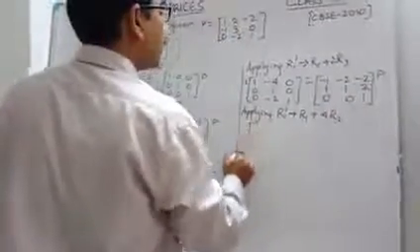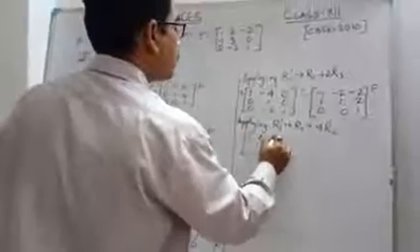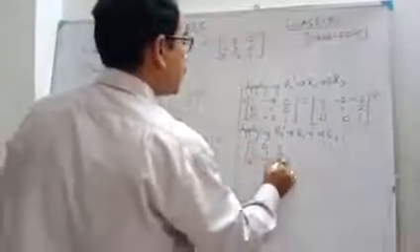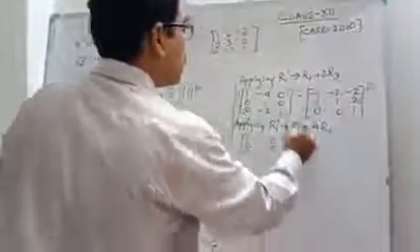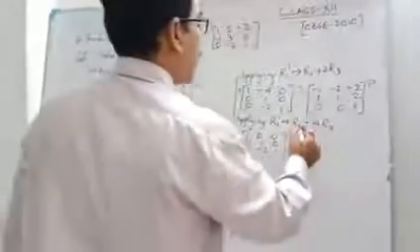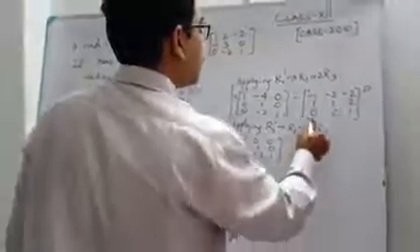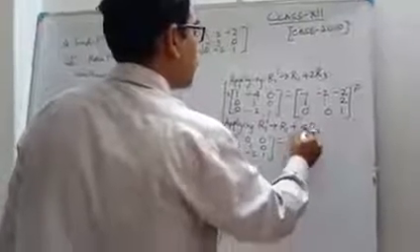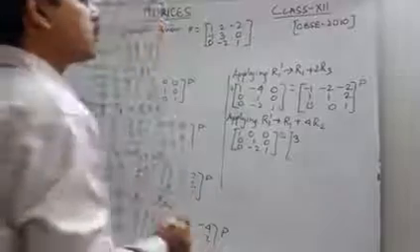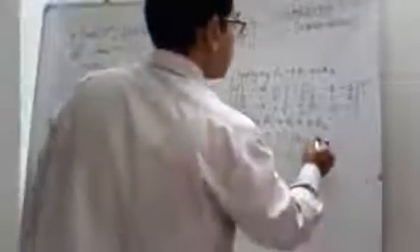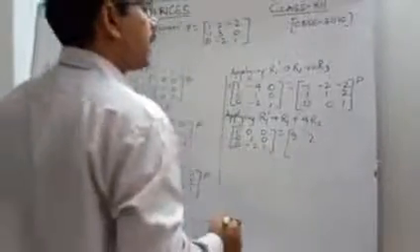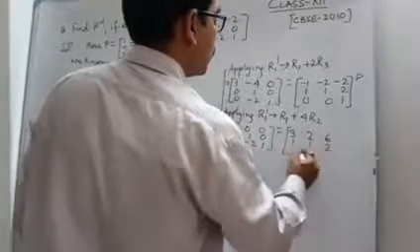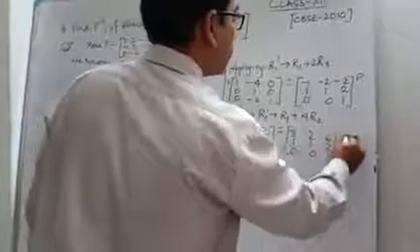What are you getting? [1 0 0; 0 1 0; 0 -2 1] equal to, if I do the same operations over here, R1 plus 4R2, that means -1 plus 4 means 3, -2 plus 4 means 2, -2 plus 8 means 6, then 1, 1, 2, 0, 0, 1, P.